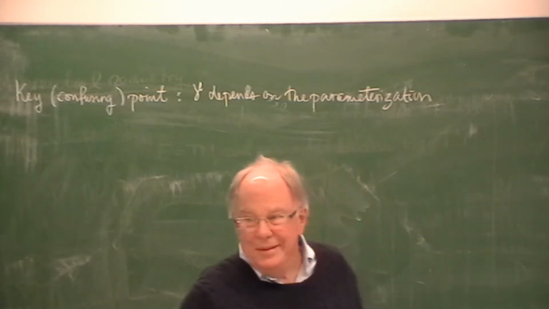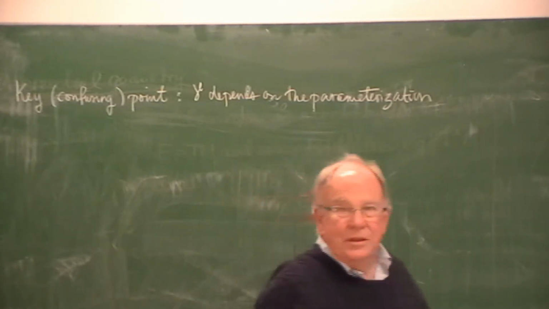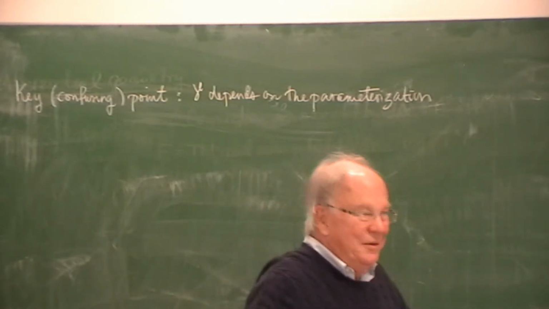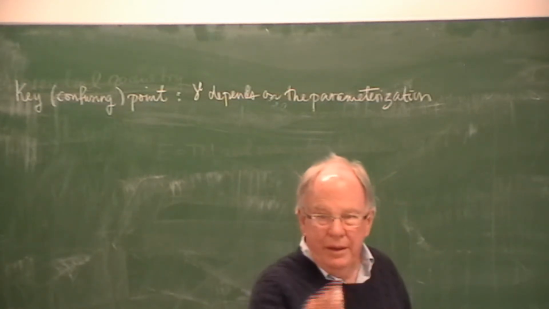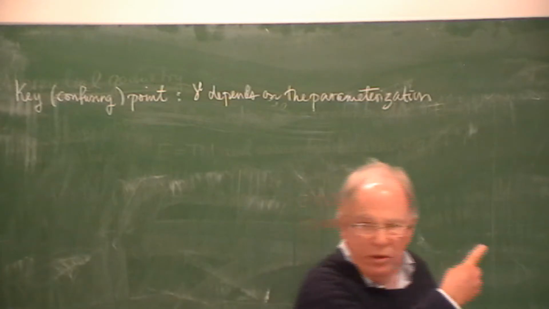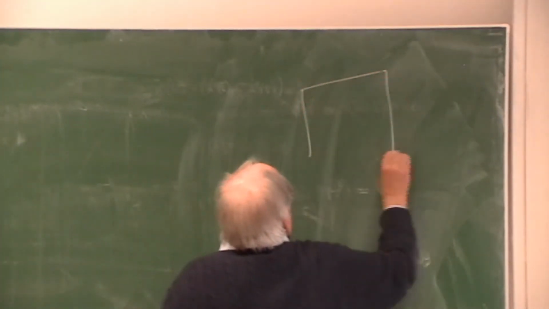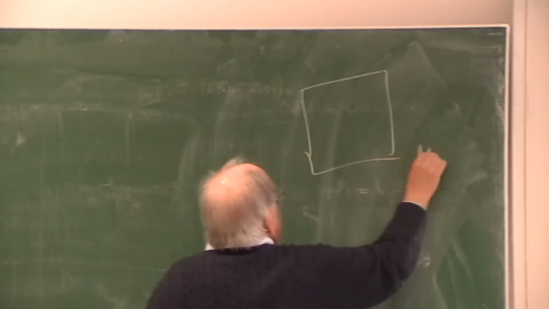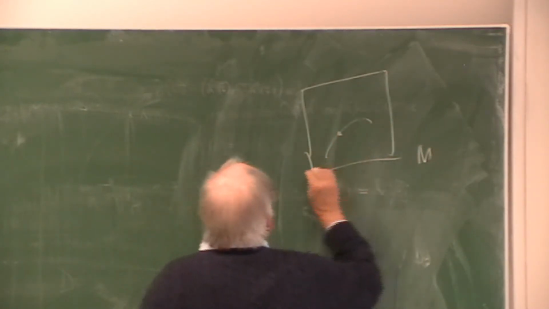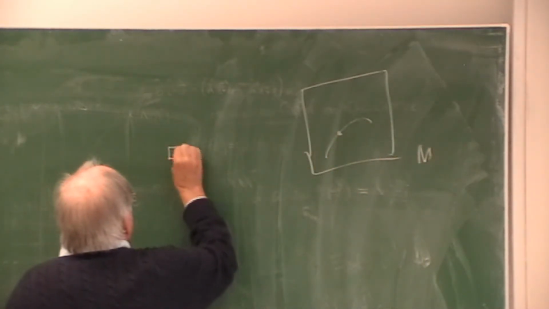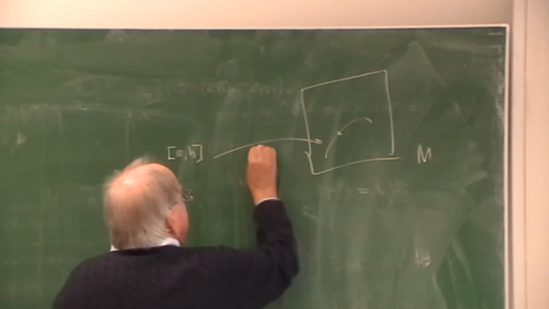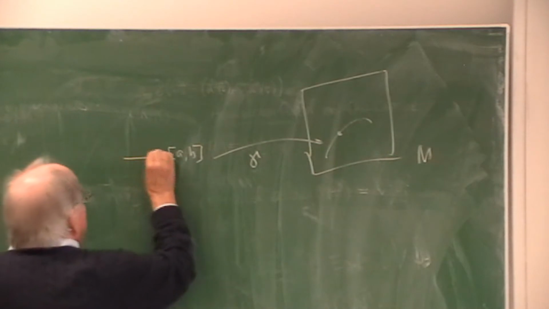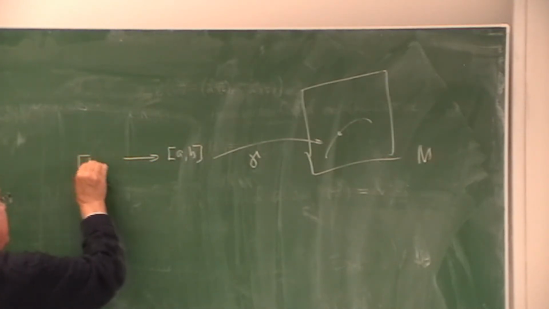Right? Gamma is a mapping from an interval to a manifold, and if I apply a diffeomorphism, let me write it here as a picture. You have a manifold, and here's this image curve gamma, a mapping from A to B. If you apply a diffeomorphism, you should always have this picture.